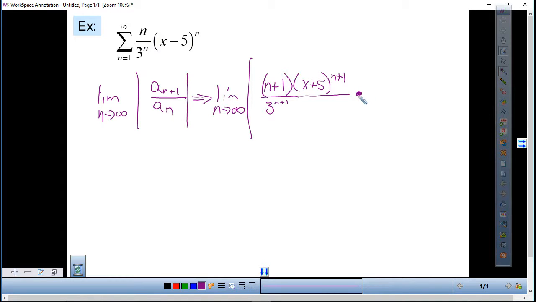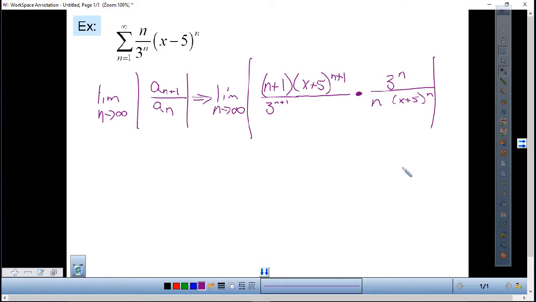So I'm going to multiply by the reciprocal of this, with only n's where everything is an n. That would give me 3 to the n on top, n from this one right here, and x plus 5 to the n power right there.